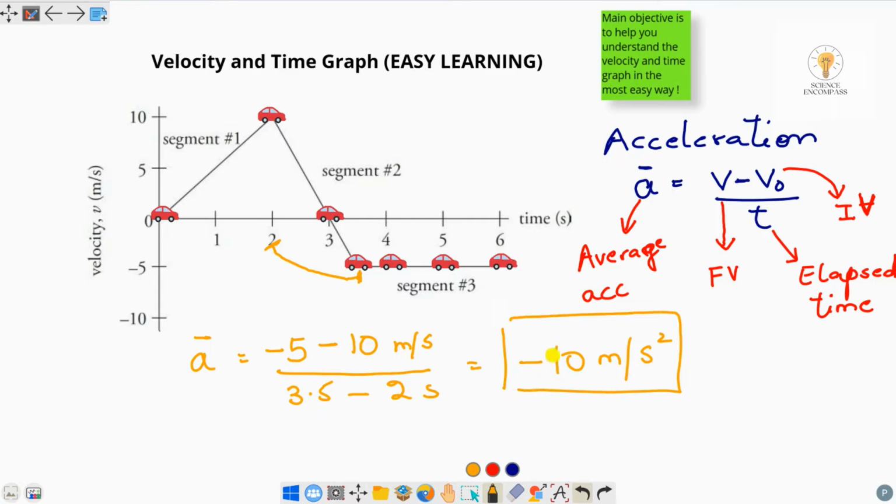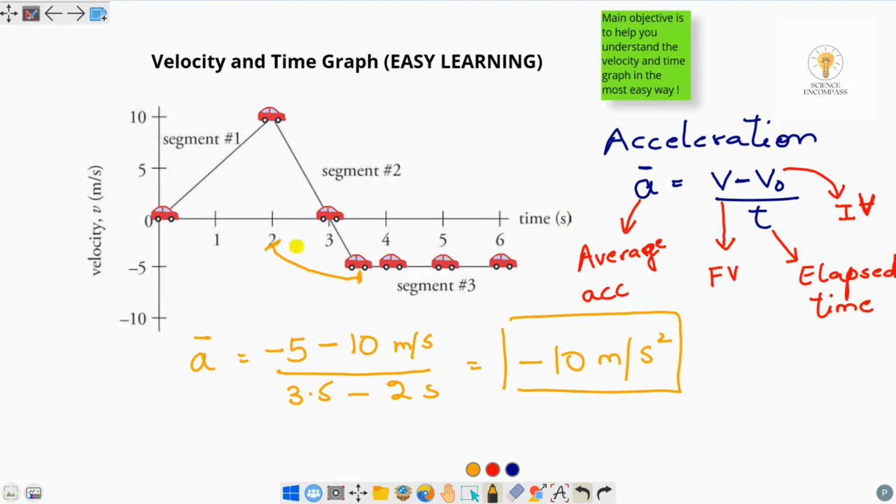So between time 2 to time 3.5, the object, that is the car, experienced a negative acceleration. We know that, right? Okay, from here all the way here. So from right there, the car going all the way down over here, it has experienced a negative acceleration.